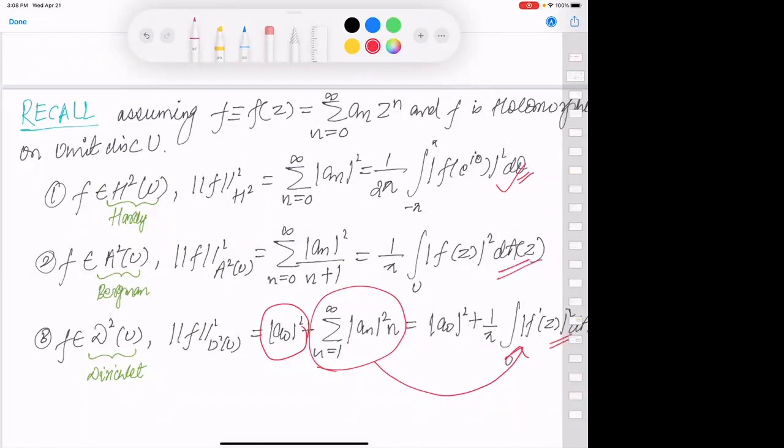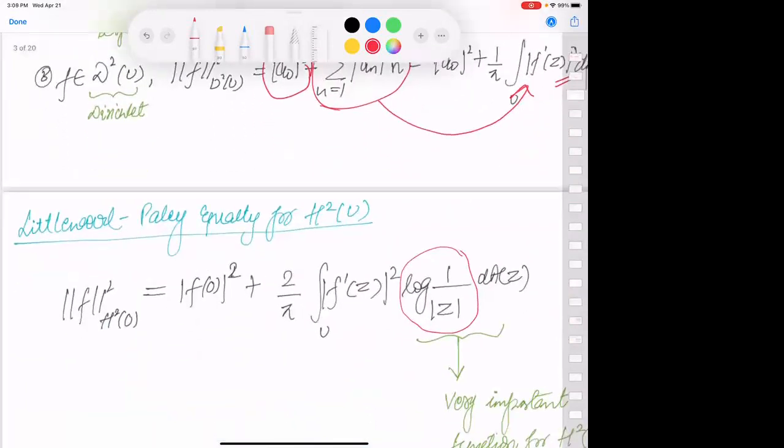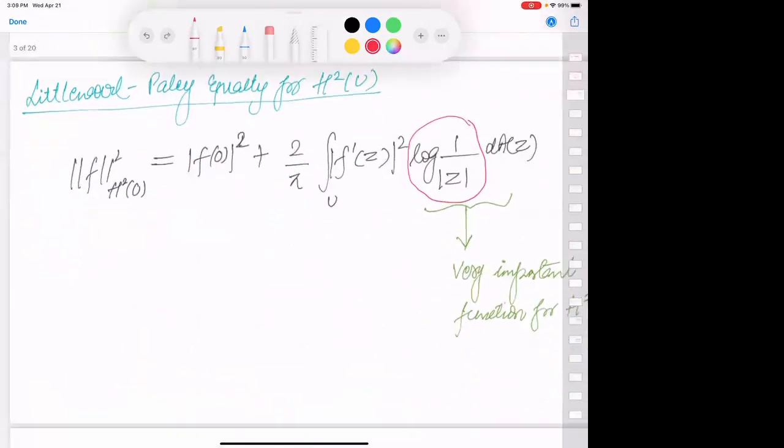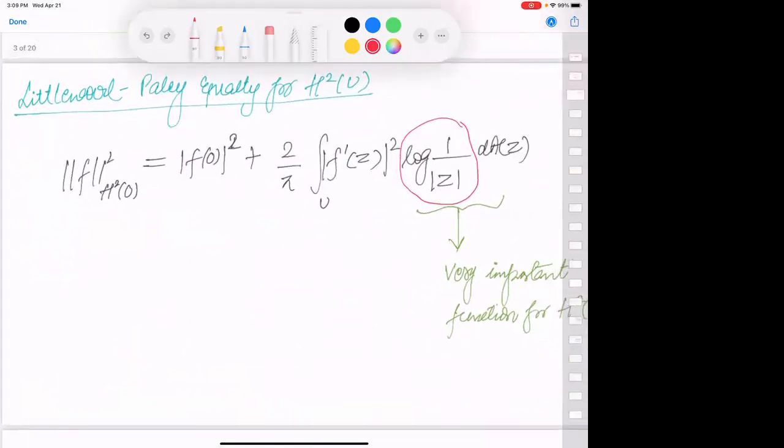So there is a difference between a length measure and an area measure. Now, moving further, there is an important identity for Hardy space, which is called the Littlewood-Paley equality for Hardy space.